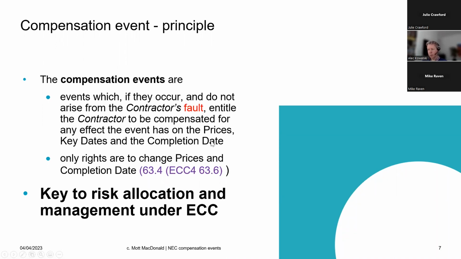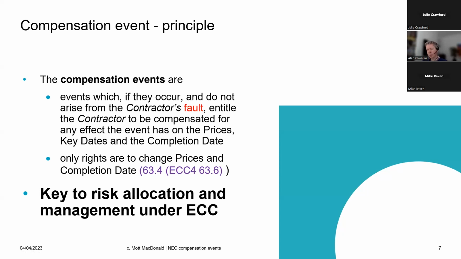So time and money, basically. This is the contractor's only right to change the prices and the completion date. This is the only way they can do it without fundamentally altering the contract, and that would require a renegotiation of the whole thing between the client and the contractor. That does happen, but much more rarely.